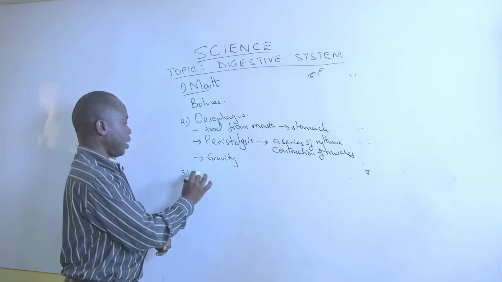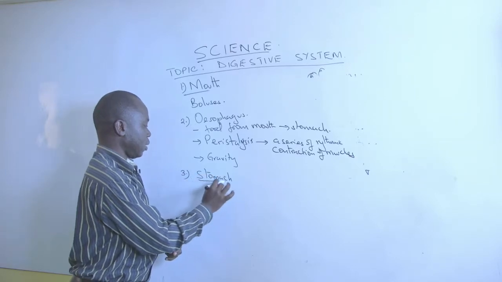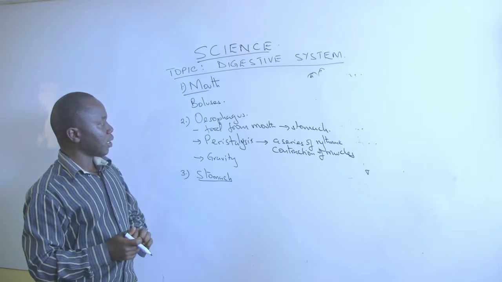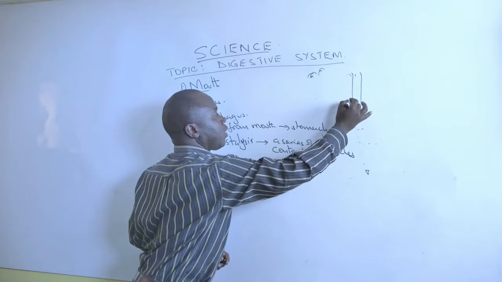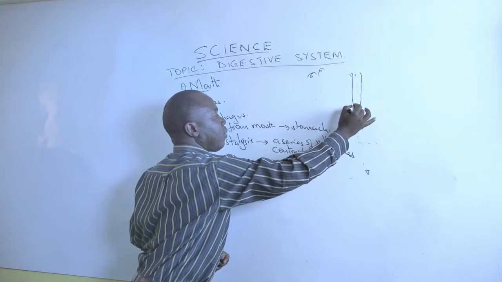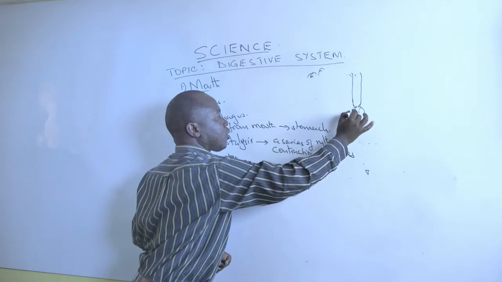We have another very important organ, the stomach. But before food reaches the stomach, it will go down the esophagus, as we have said, by peristalsis, and it will encounter a valve-like muscle before it reaches the stomach.